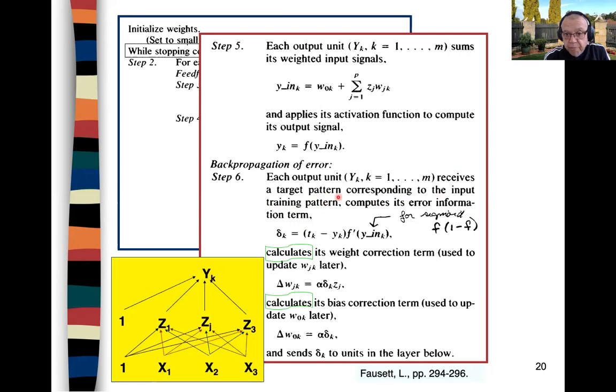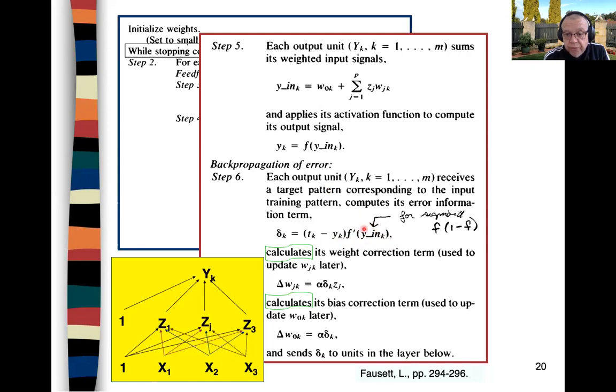We have a target, desired pattern. We compute its error information term. If you remember the learning rule, it's tk minus yk, the target output minus the actual output, times the derivative of that y_in_k.